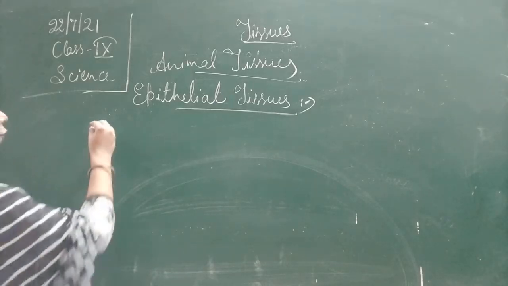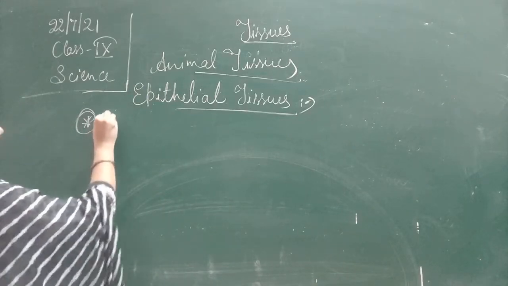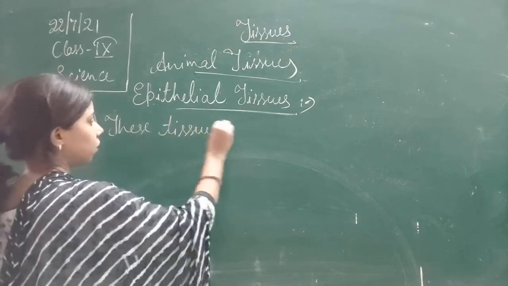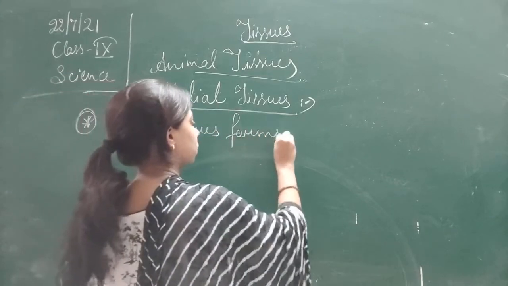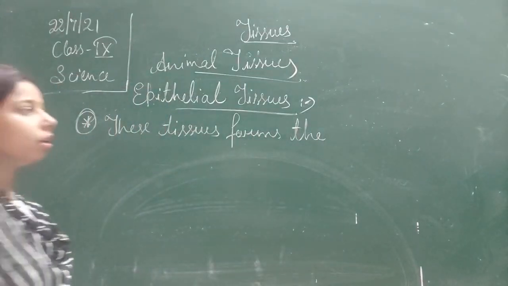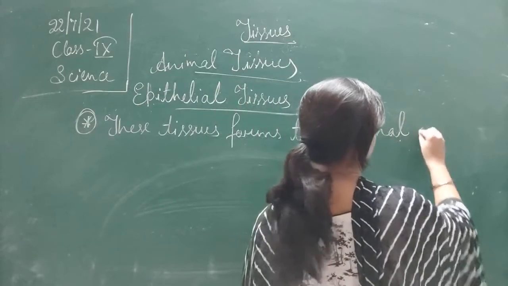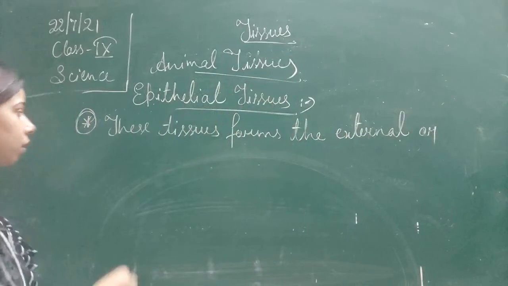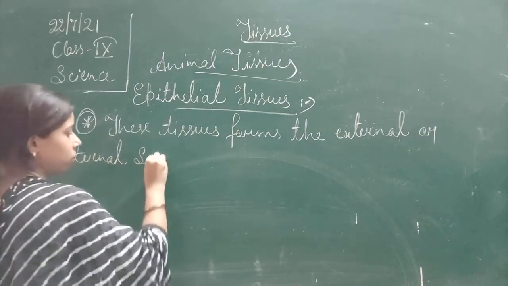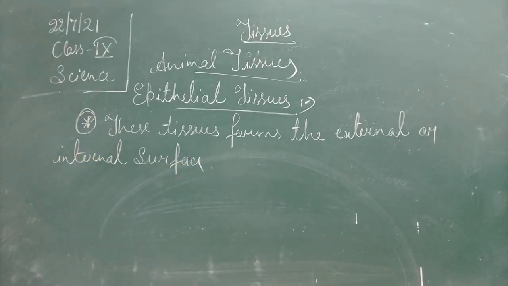So we can write here the first point in the epithelial tissue, and that is these tissues form the external or internal surface of the body organ.